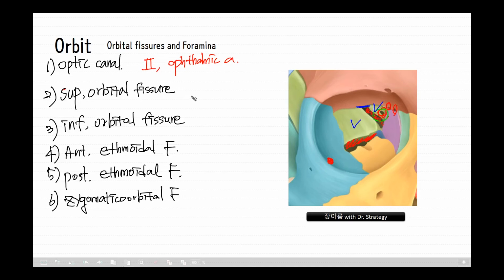The oculomotor nerve, and trochlear nerve, and abducent nerve, and ophthalmic nerve. Some branches of the ophthalmic nerve and the ophthalmic vein.